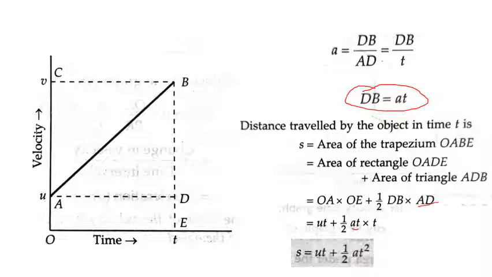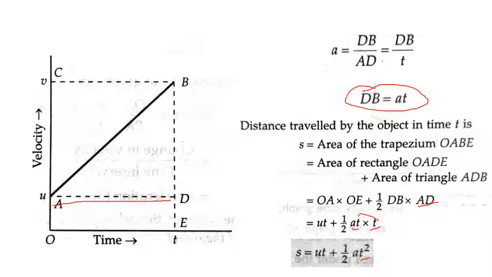And what does your AD represent? This represents your time. So I have ut plus half at times t, and at times t, what will happen? It will give me t square. Distance traveled by the object in time t equals s equals ut plus half at square.